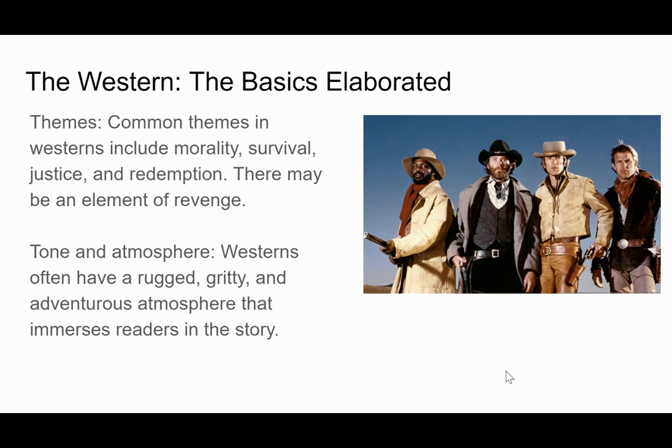I don't know about adventurous. Again, adventurous might not be an element of the traditional, but certainly a certain ruggedness, but it's going to be beyond gritty. It's going to be grimy. So we're going to take a look at these. They're going to be dark, but they're not going to be as dark as the traditional. Or excuse me, not going to be as dark as the hard-boiled detective.